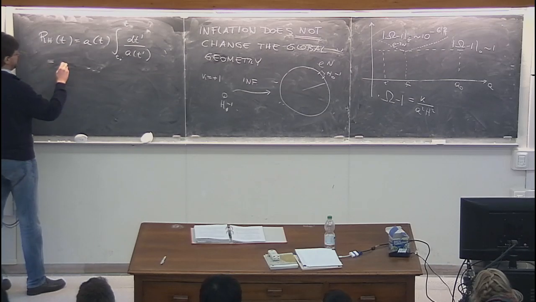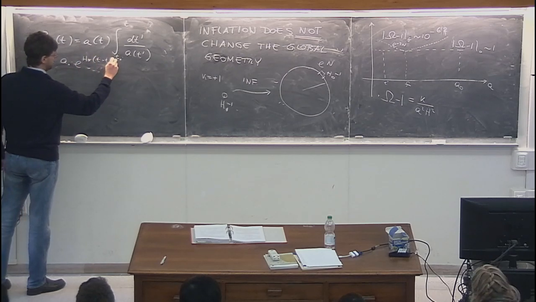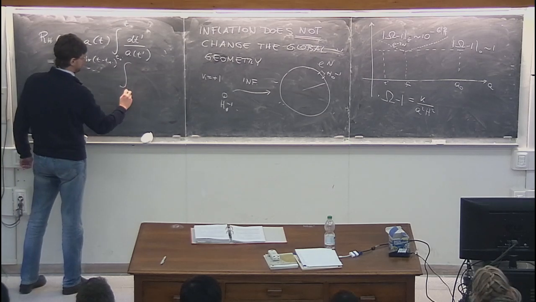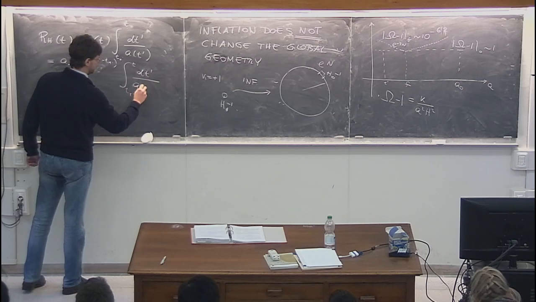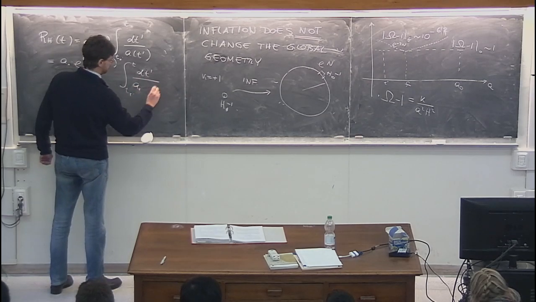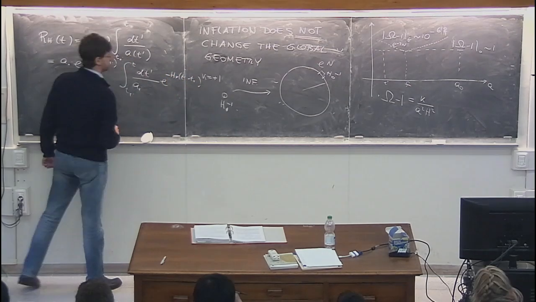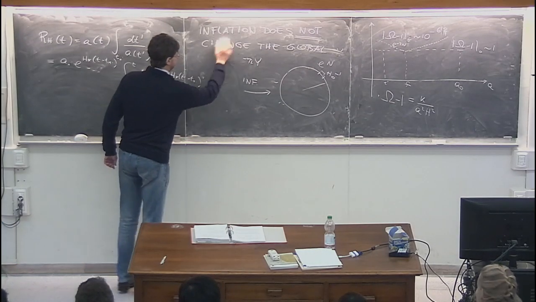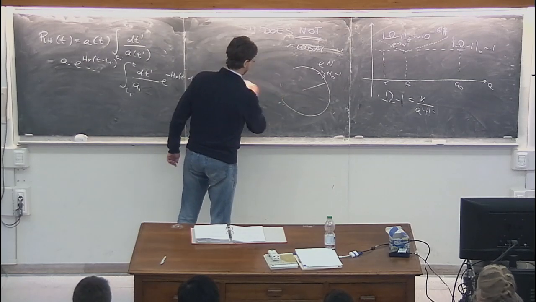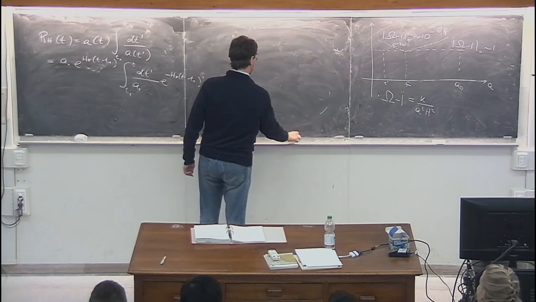Okay, so here, by definition, this is, let me write in this way, e to the H star (t minus t_i), times the integral between t_i and t of dt', and here I have a initial, and let me put it here, e to the minus H star (t' minus t initial). Okay? Let me erase here, otherwise it's confusing. So now it's just a matter of computing this simple integral.